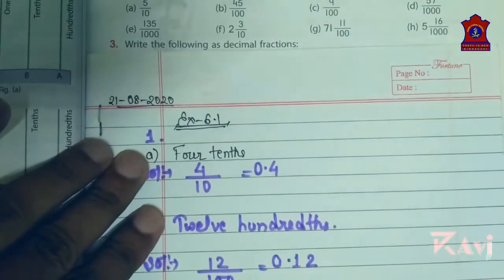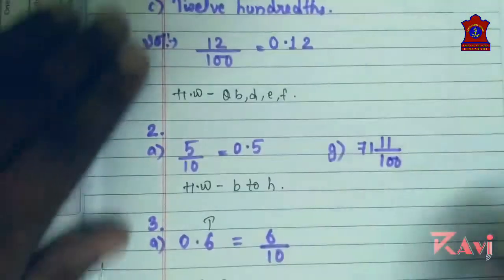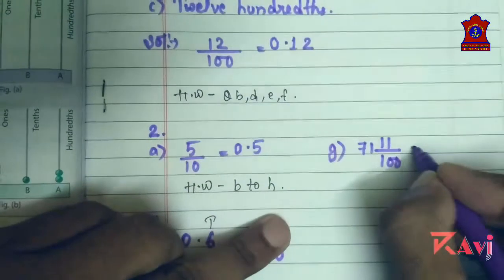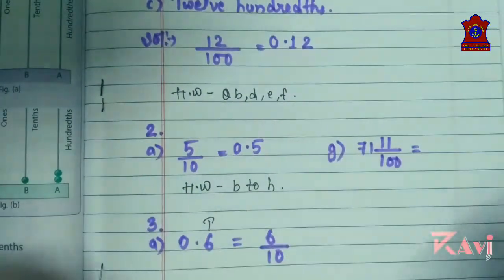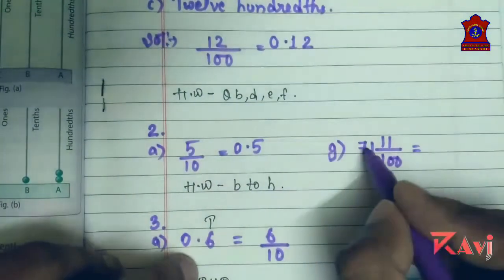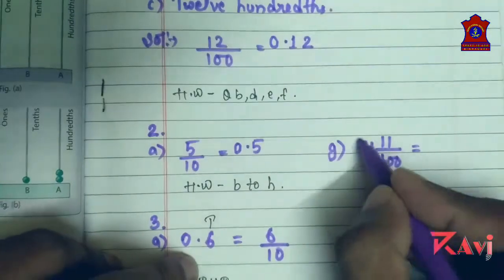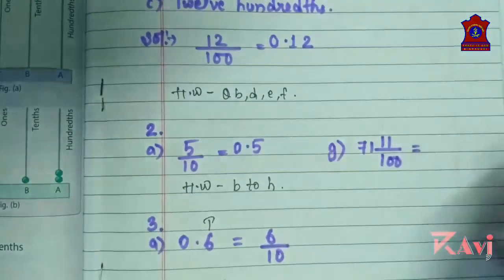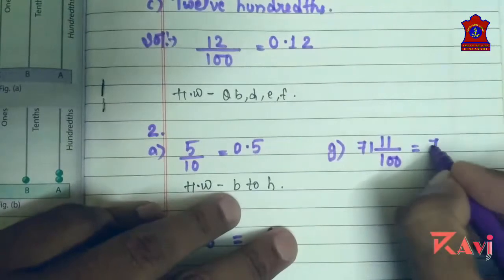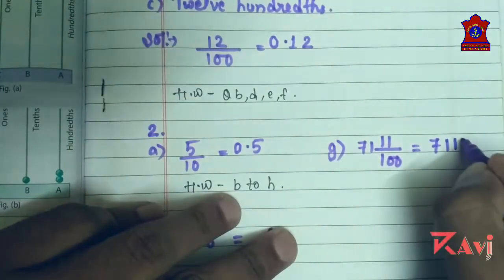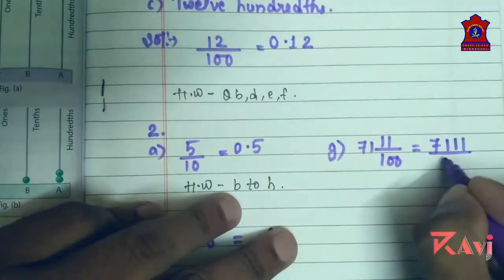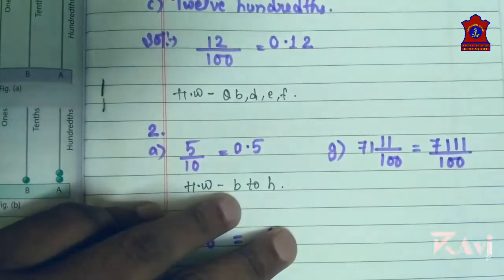G: 71 whole 11 by 100. What you can do, first you write all together, the whole number and the numerator together. 7111 upon 100. Clear?